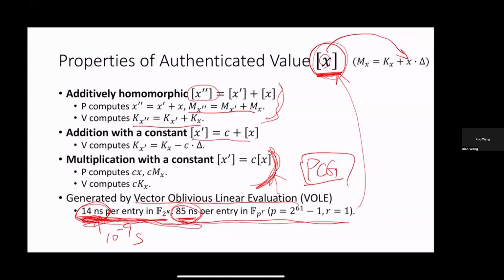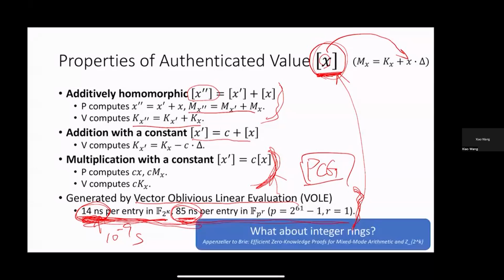There are already 3-4 papers on this line of work on how to make it powerful and how to make it efficient, but for now you can just take it from here. Here I talk about a field element, because this is a prime field or a field extension element.